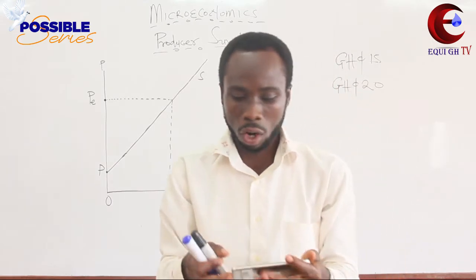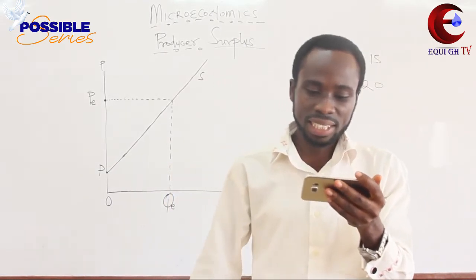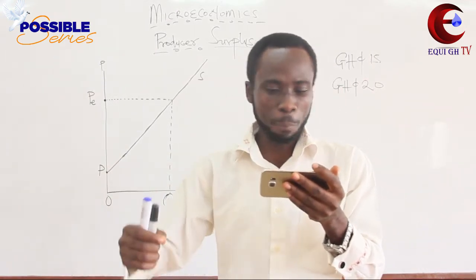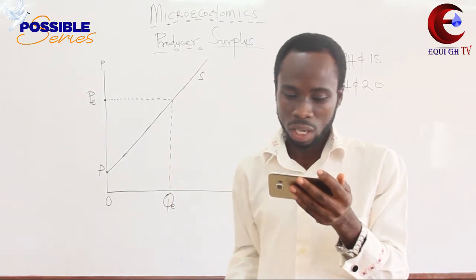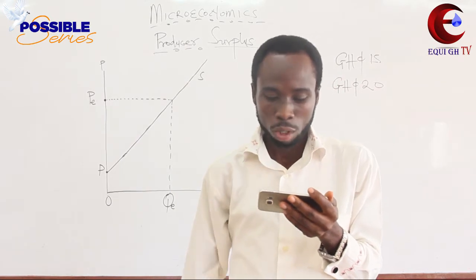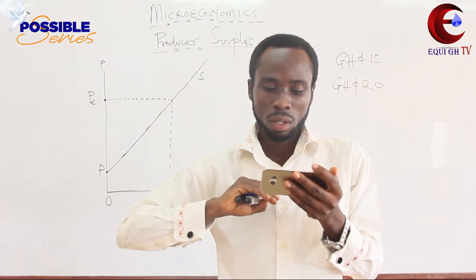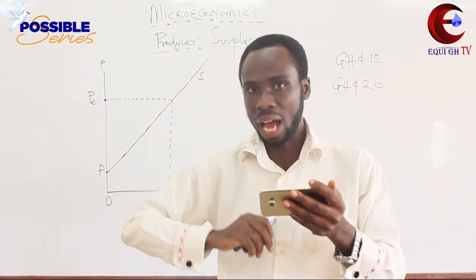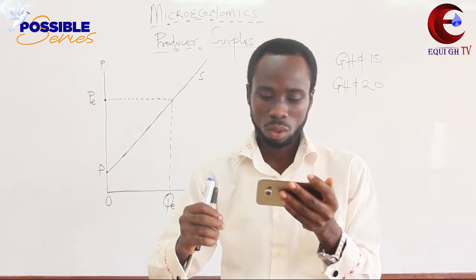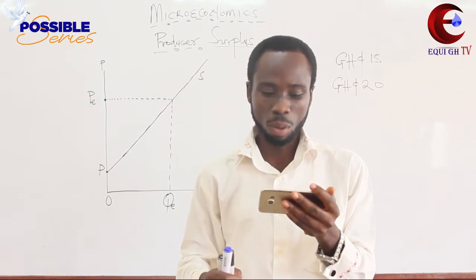It is the difference between the price that producers are willing and able to supply a good for, and the price they actually receive from customers or consumers.